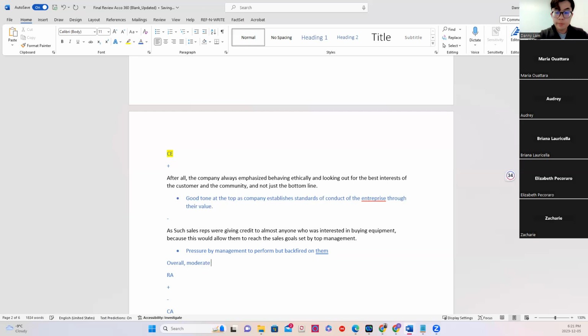Do we say moderate high, moderate low, with high being positive? Does that apply to this kind of question? Usually you would say you have a strong control environment or a weak control environment. So here, overall, the management control environment is not weak nor strong. I would say it like that. If you could put a little bit more, that would be better, but this is the general idea. Okay, is that good, guys?